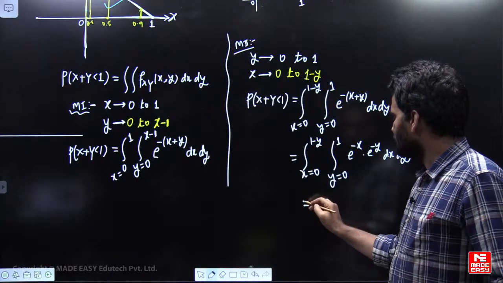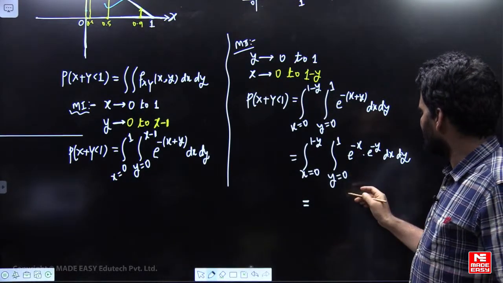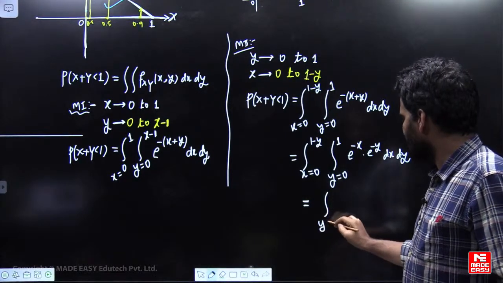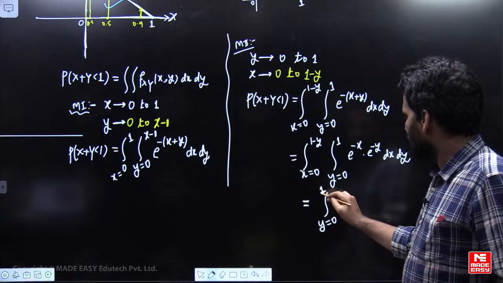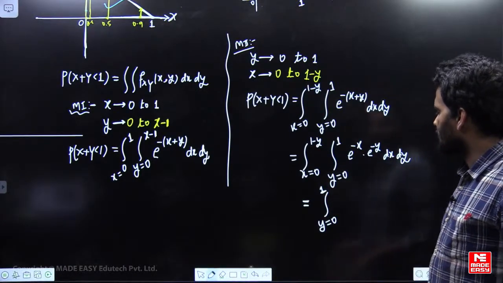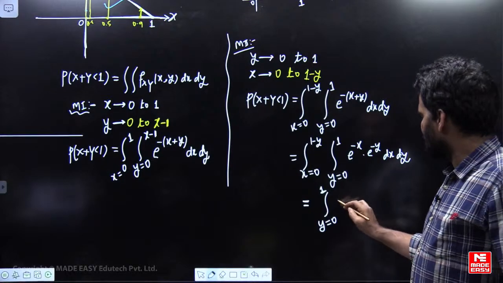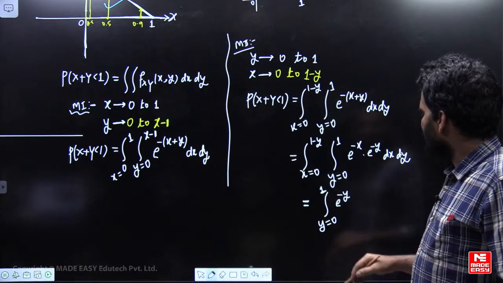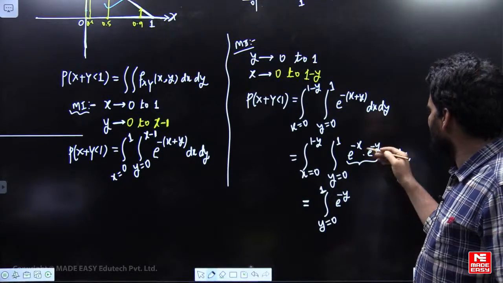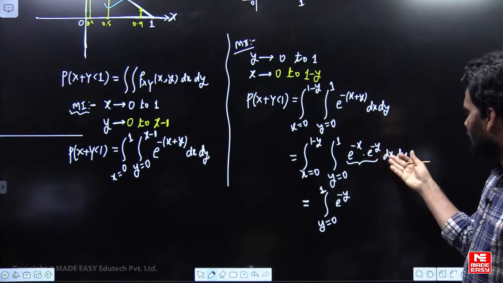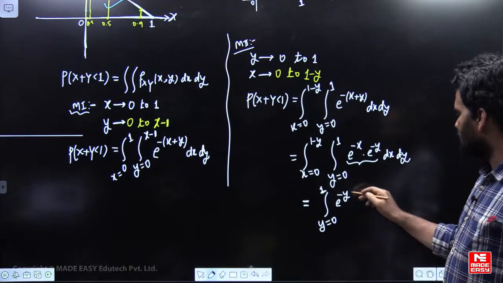So this is integration, y from 0 to 1, e power minus y. When I am doing integration with respect to x, e power minus y is simply a constant.